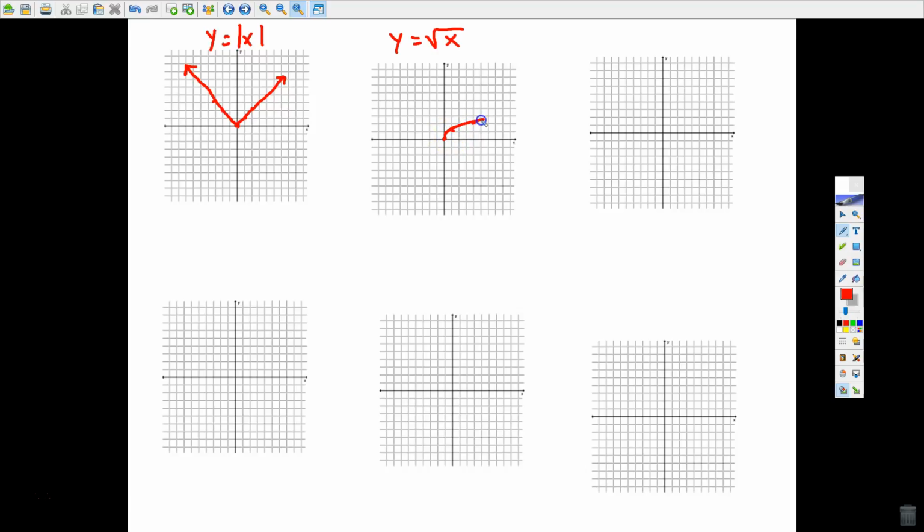It does something like this. We've also done the cube root of x, and it looks like this. It goes in both directions. Let's give you a little rough sketch here.